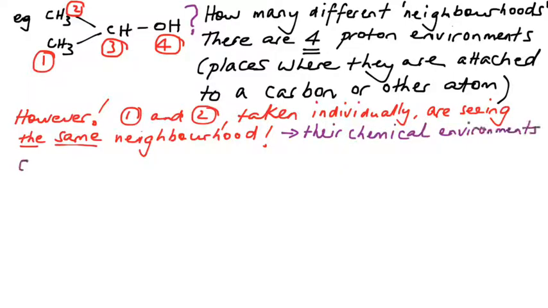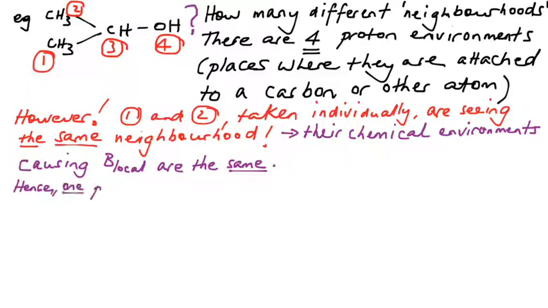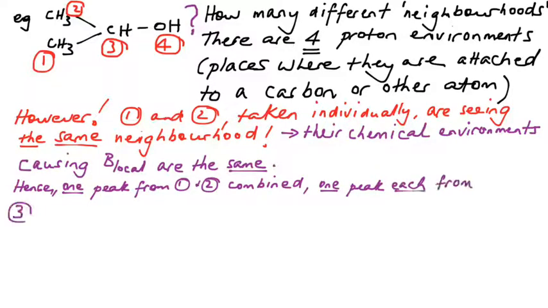So therefore, their chemical environments, in terms of looking at what's the rest of the molecule, are exactly the same, because the rest of the molecule is in exactly the same orientation as they see it, okay? Now, that means you get 1 peak only from groups 1 and 2, and 1 peak each from groups 3 and 4. Do you see that?